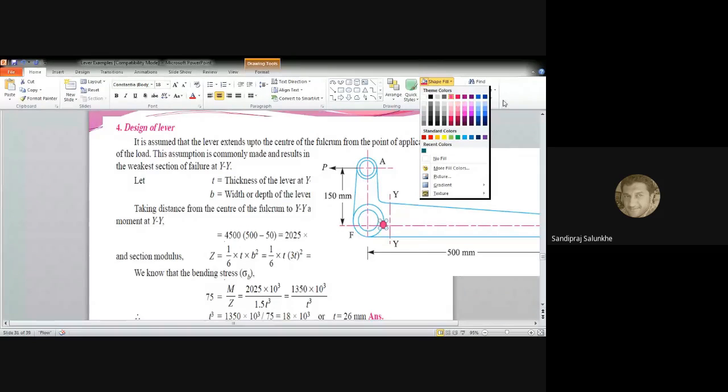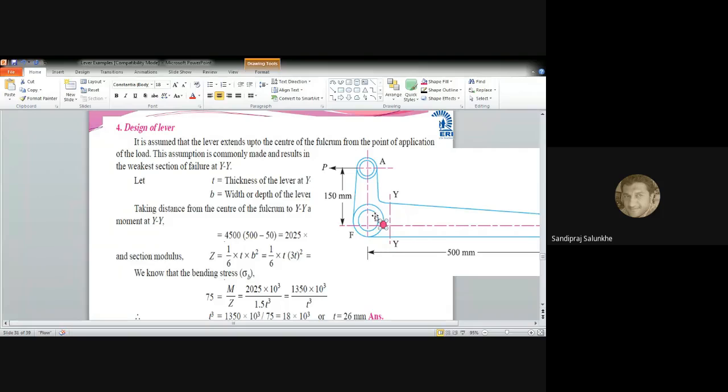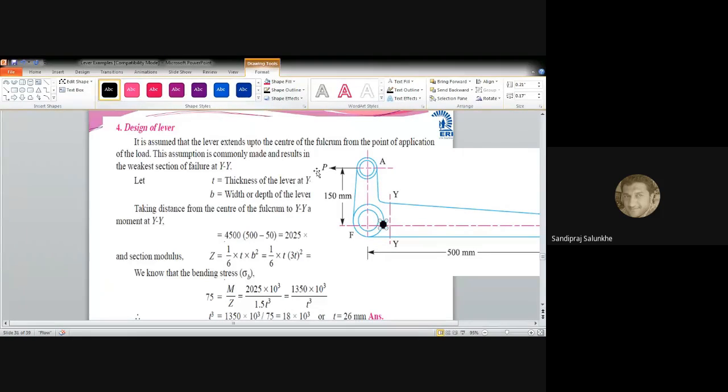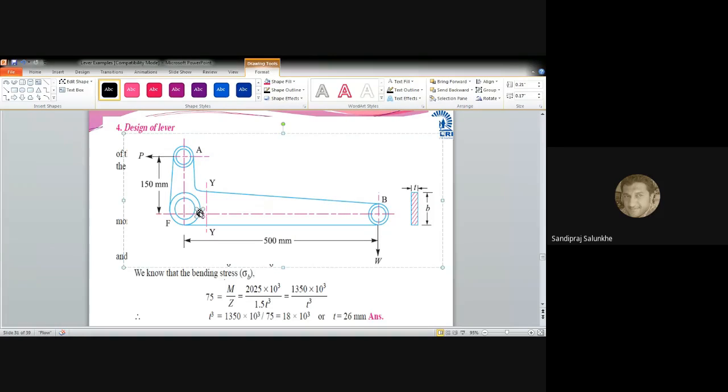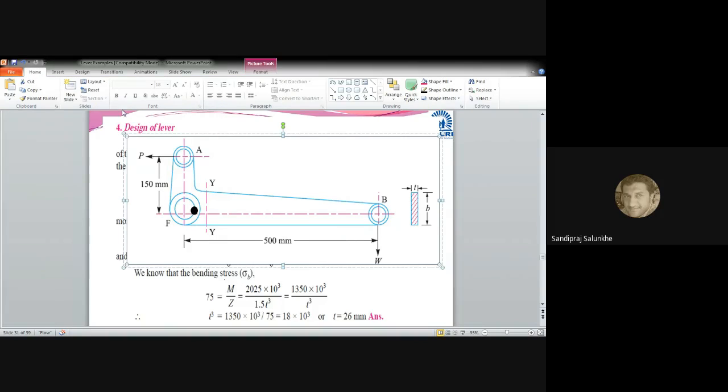Because this W is acting here, and we are going to get the bending moment at this point, where the section is most weak. And we just have to calculate this distance, that is, the distance from this black point to the center of this B. So can you calculate this distance?